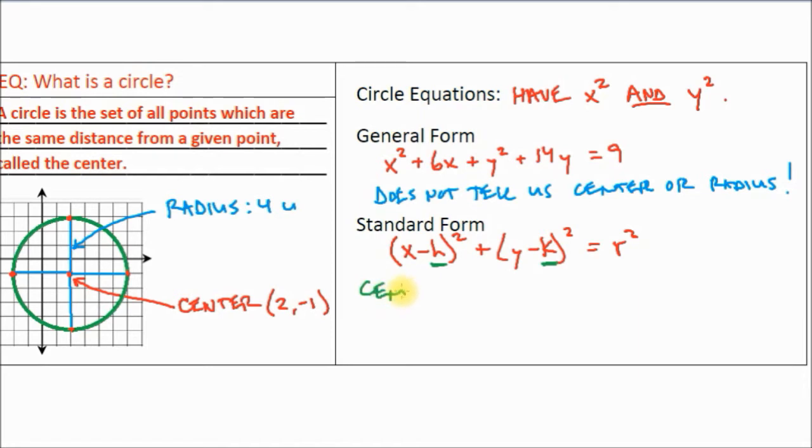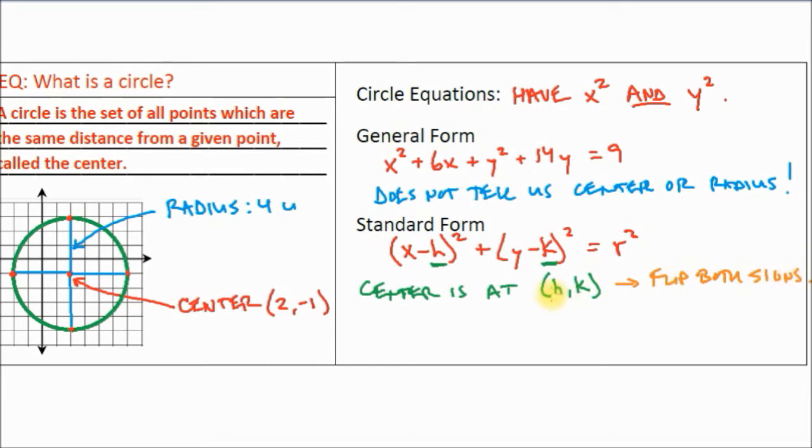So the center is at h comma k. But here's something tricky. Notice that the k is now minus k. In vertex form quadratic, it's plus k. It's minus k, just like minus h. That means you got to remember something very important. For a standard form circle equation, you flip both signs.